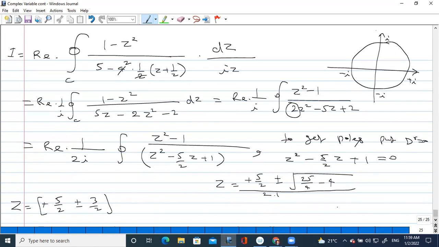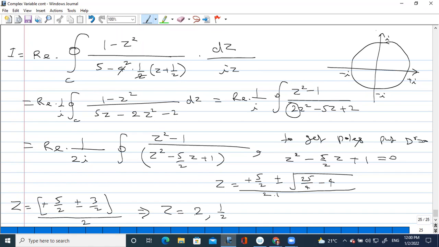So the first pole will be 5 by 2 plus 3 by 2, 8 by 2 means 4, and divide by 2, the answer is 2. And 5 minus 3, 2 by 2 is 1, and the answer is 1 by 2. So these are the two poles.